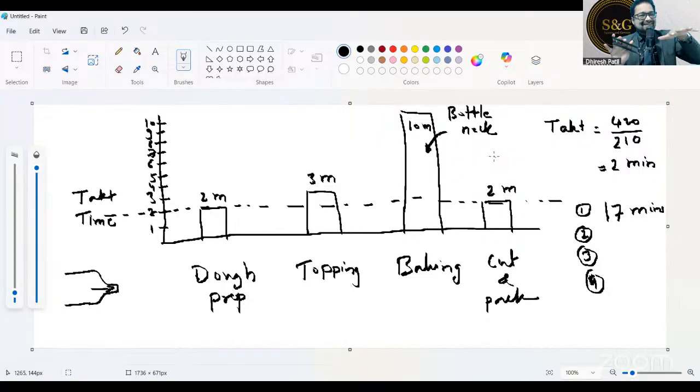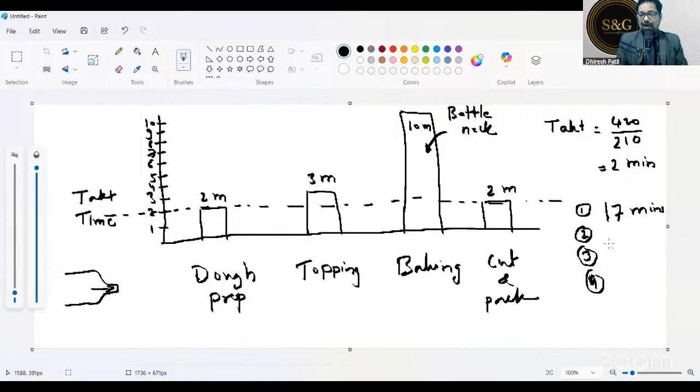Are you understanding? Are you getting the point? This is exactly where it's maximum time consuming, it's the slowest process of all of them. So the focus should be on the bottleneck process.